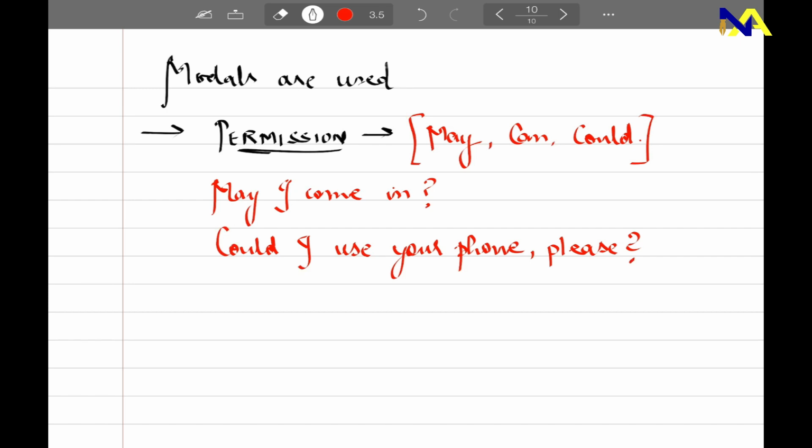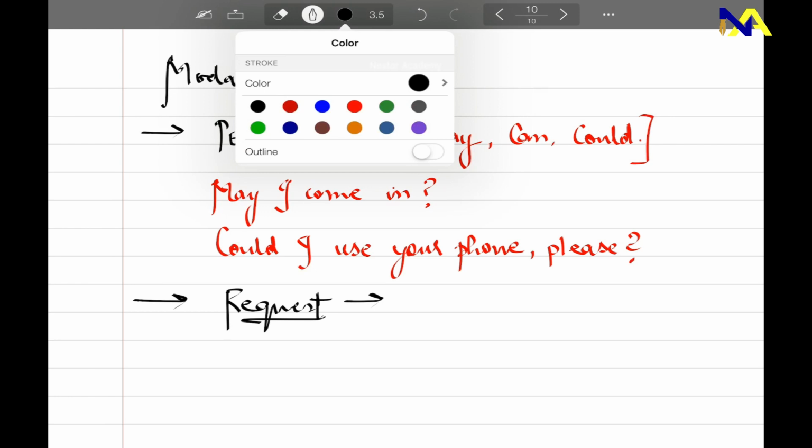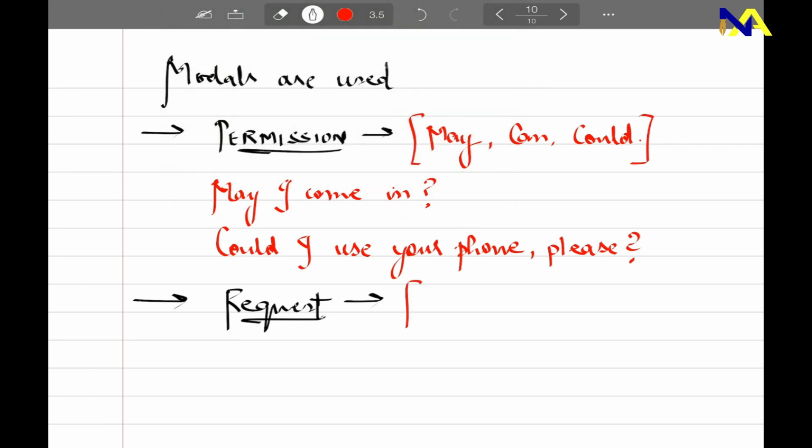Then in a very similar manner, in order to make a request, what can we use? Can and could. Can and could can be used.